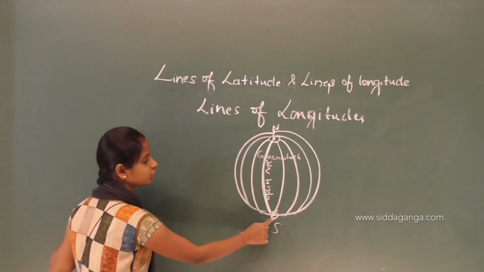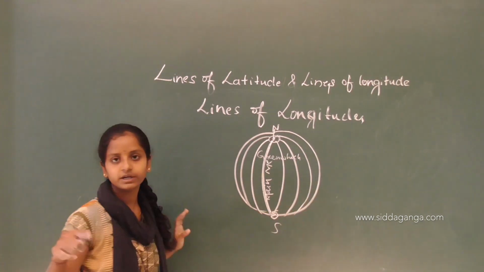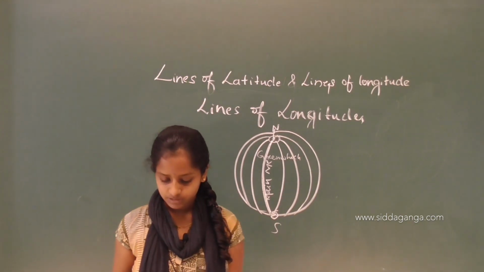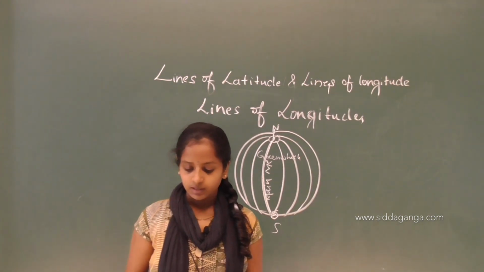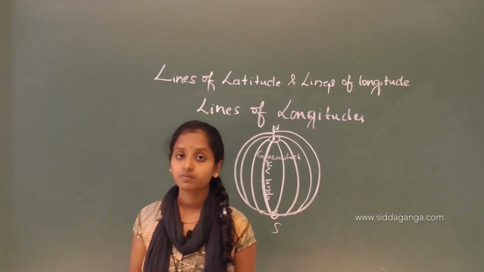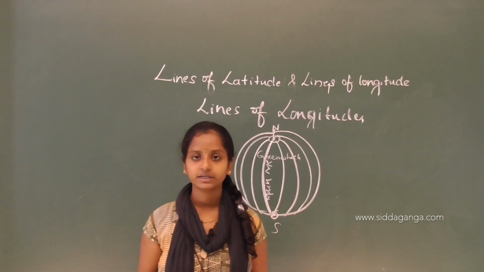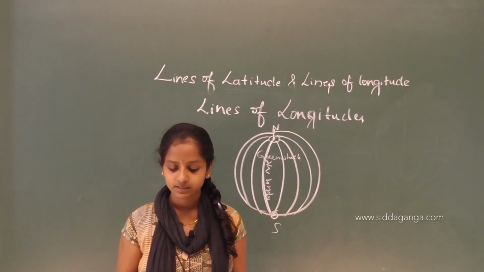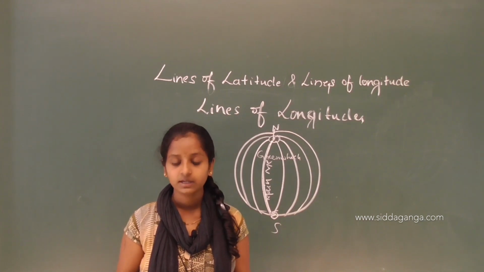This is taken as 0 and the last one is 180 degrees. Understood?